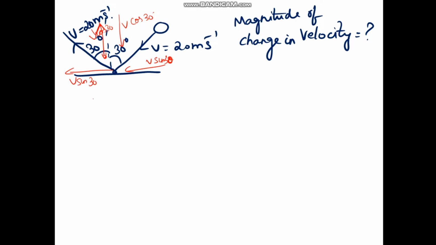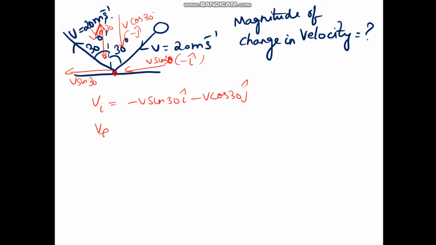So the initial velocity before bouncing, I am taking this along the negative axis and this along the negative axis, so it is minus v sin 30 i cap minus v cos 30 j cap.